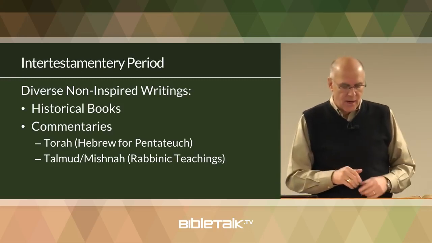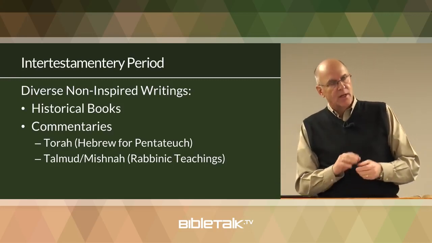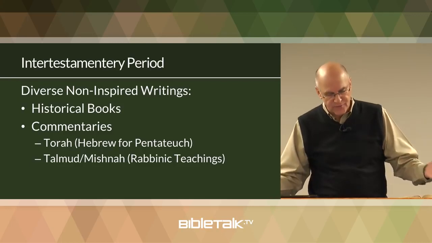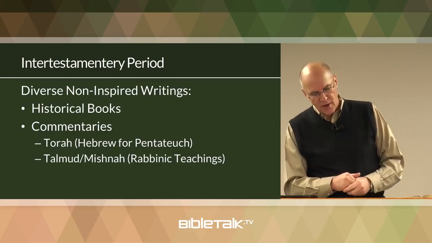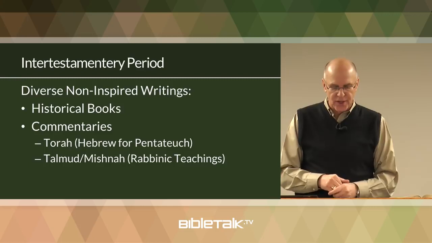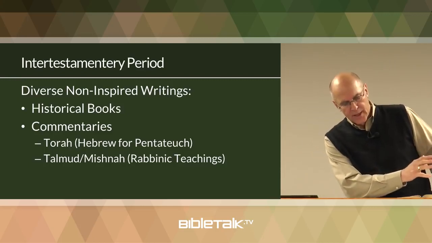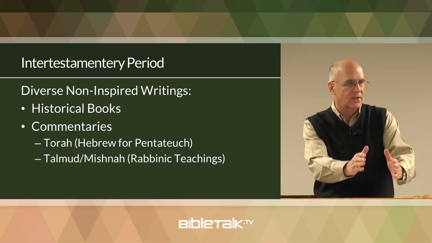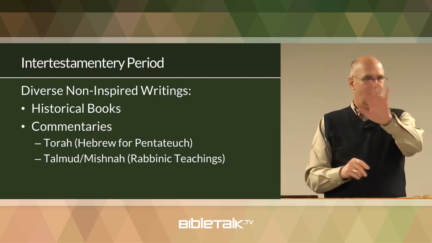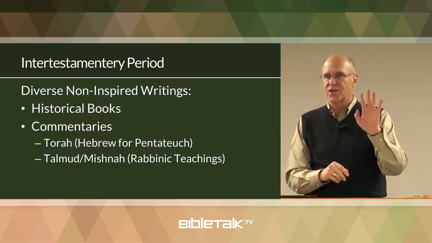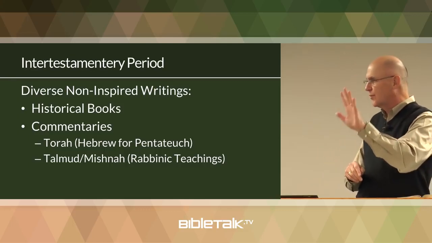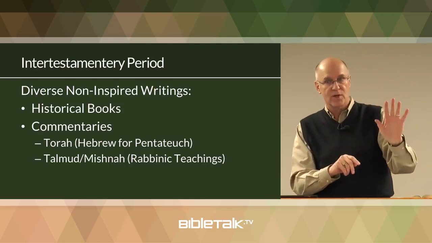Other material are commentaries. The Talmud, for example, which was a collection of rabbinic teachings concerning the Jewish law. So get it straight, the Torah is the Jewish word for the Pentateuch. The Pentateuch are the first 5 books of the Bible, right? Genesis, Exodus, Leviticus, Numbers, Deuteronomy. Those are the first 5 books.